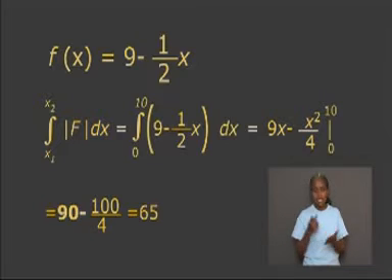In that case, our calculation should look like this. Integration gives us the difference of 90 and 100 over 4. The work being done by the force is equal to 65.